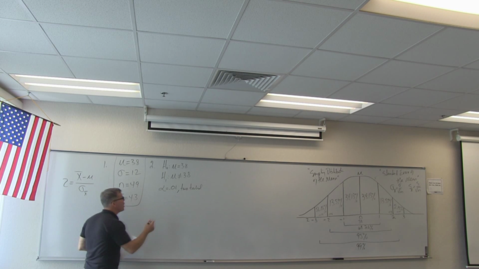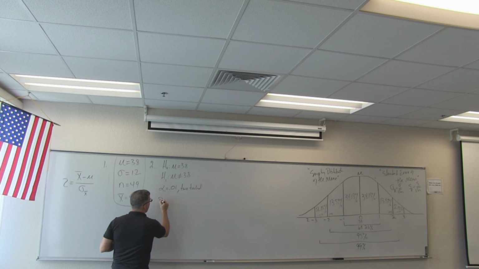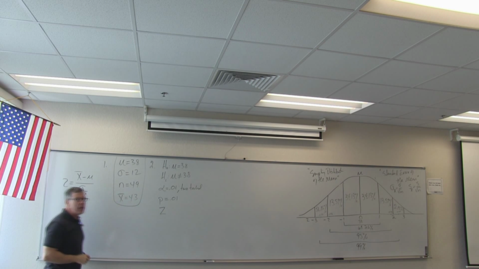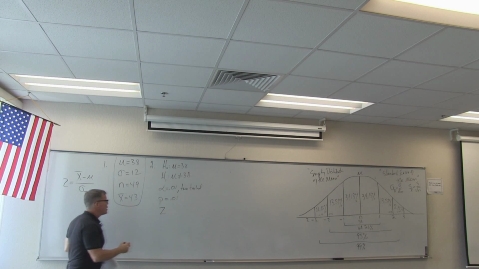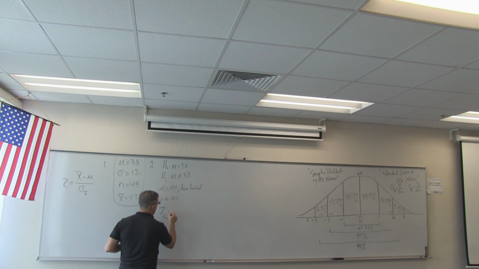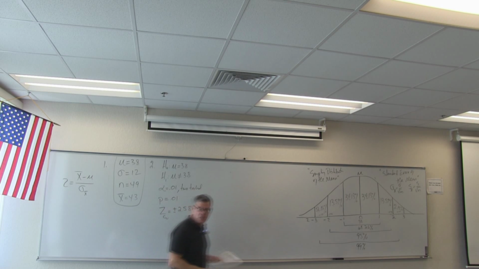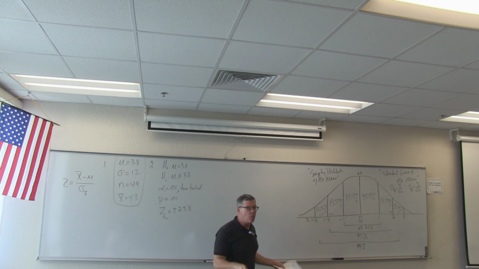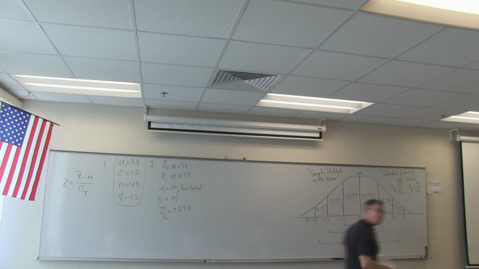We know that before we run any statistical test, our p region equals alpha. And we know, because alpha is .01 and we're running a two-tailed test, that our z critical values are positive and negative 2.58. And of course, we know that because we're getting real good with these areas now, aren't we? Yeah, we're getting real good with these.